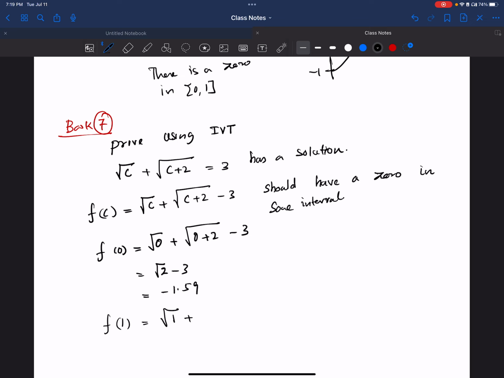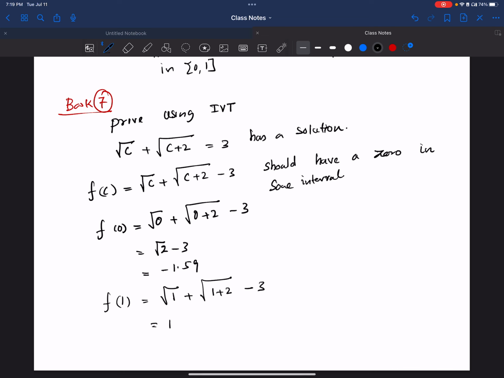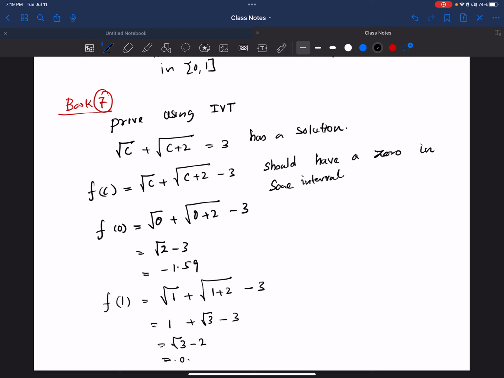It's square root of 1 is 1 plus square root of 3 minus 3. So you get square root of 3 minus 2. Let's find that, square root of 3 minus 2. That is also negative, negative 0.267.